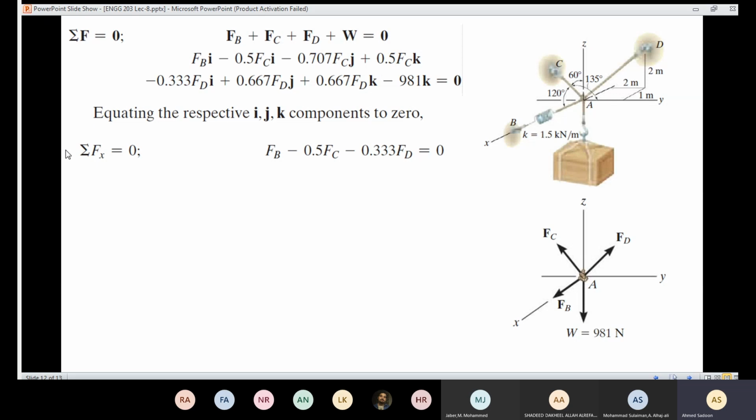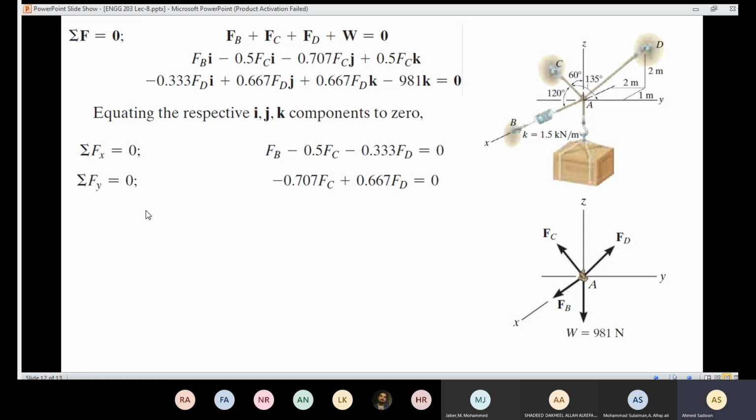So I'm going to say that the summation of the forces in x is going to equal 0. I have FB, which is a component of i. I have minus 0.5 FC, which is a component of i as well. And finally, I have minus 0.33 FD. I'm going to equate all of this to 0.